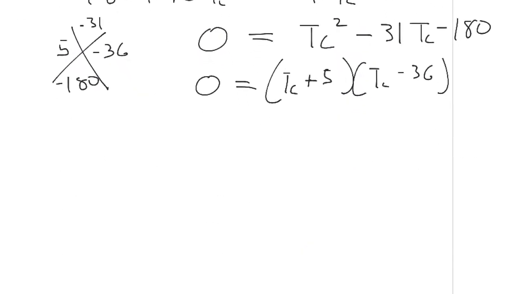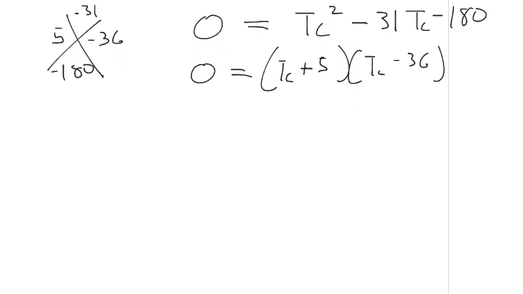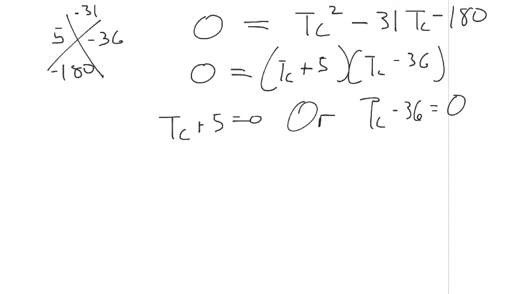And so then splitting up the equation, we get TC plus 5 is equal to 0, or TC minus 36 is equal to 0. So the time that it takes Chris would have to be TC equals negative 5 hours, or the time that it would take Chris would have to be positive 36 hours.